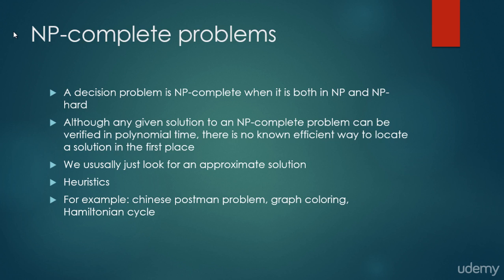For graph coloring, for example, we usually use the greedy approach. We just want to find the nearest neighbor, and we usually end up in a local minimum, but it's a good approximation. Chinese Postman problems and Hamiltonian cycles usually rely on much more complex approaches such as simulated annealing or genetic algorithms. They are becoming more and more popular with artificial intelligence and machine learning. These are very good topics.